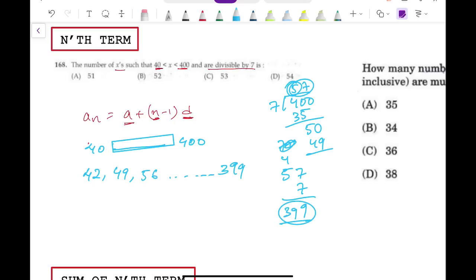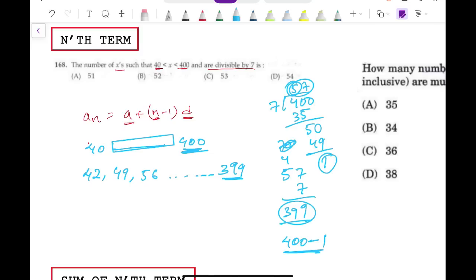Or, from the greatest number, you subtract the remainder. The greatest number is 400 minus the remainder, which is 1, so I am getting 399. So the greatest number between 40 and 400 which is divisible by 7 is 399.